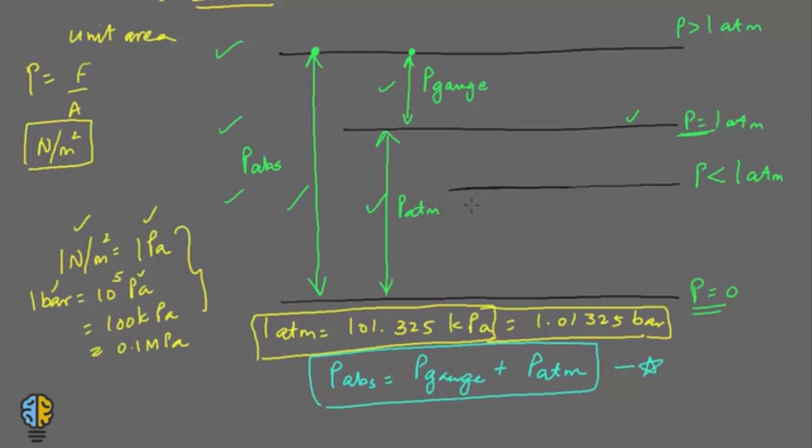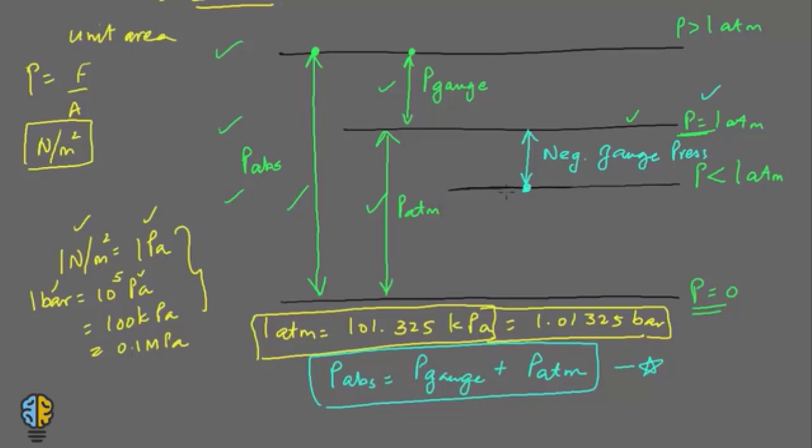Now, any pressure which is below the atmospheric pressure is termed to be a negative pressure. So if you measure the pressure of this point with respect to the atmospheric pressure, now this is below the atmospheric pressure, so this is called a negative pressure. But which negative pressure? Negative gauge pressure. Alright.